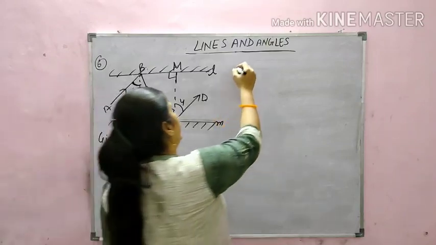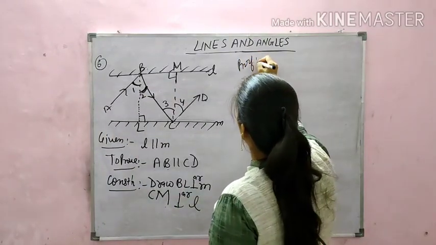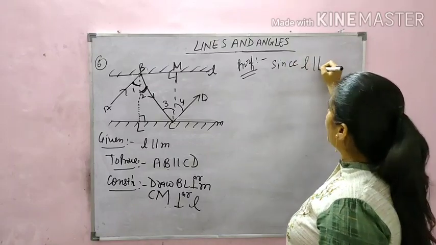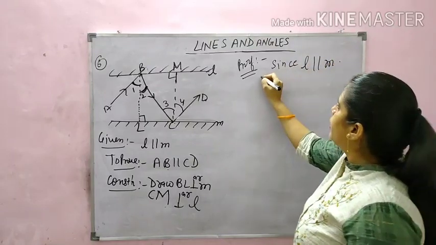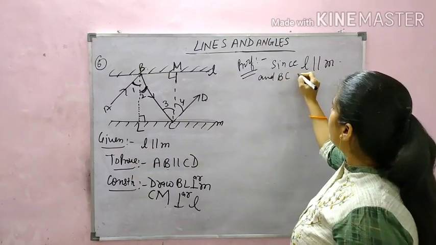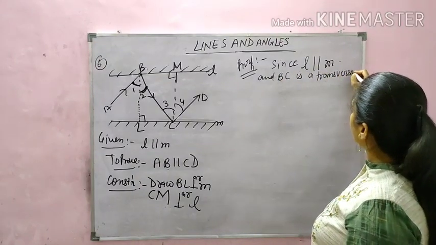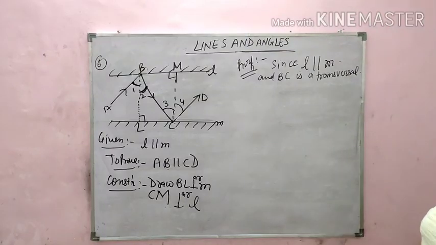Now in the proof, see, since L parallel M and BC is a transversal. Clear?